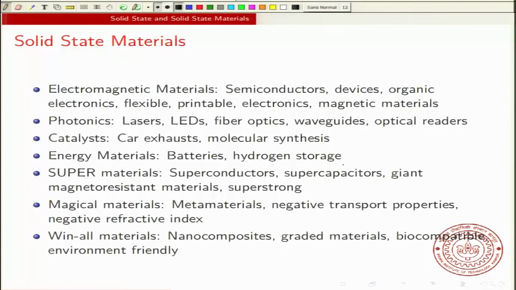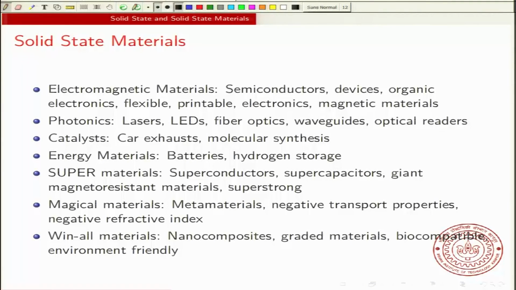Another class of materials which people are discovering more and more is what I call super materials. I am calling them super materials because they have extraordinary properties. For example, a superconductor has extremely low resistance. So again this is a solid state material.